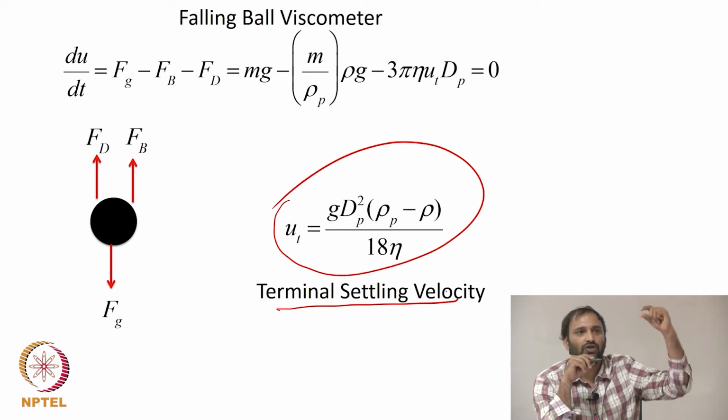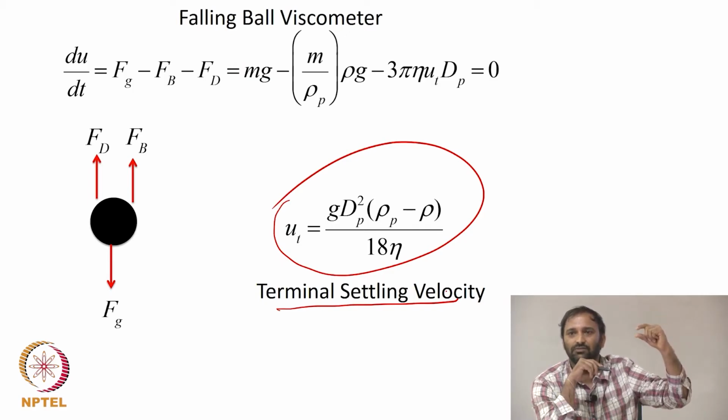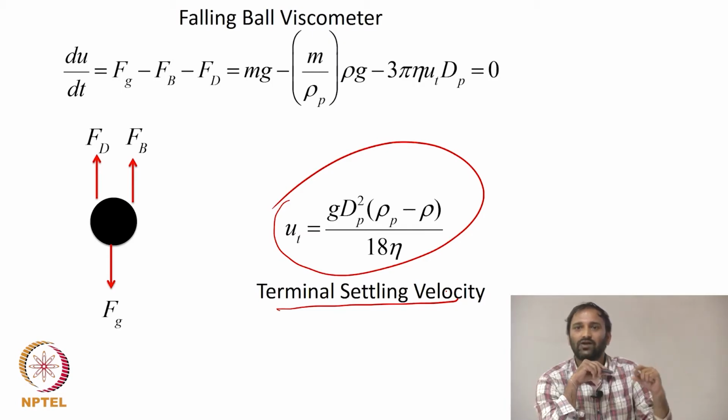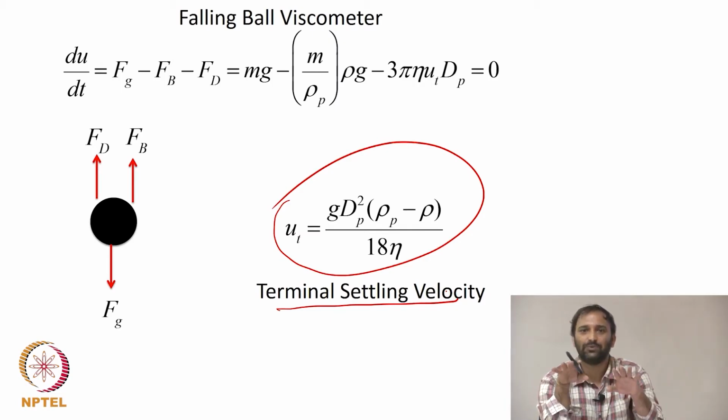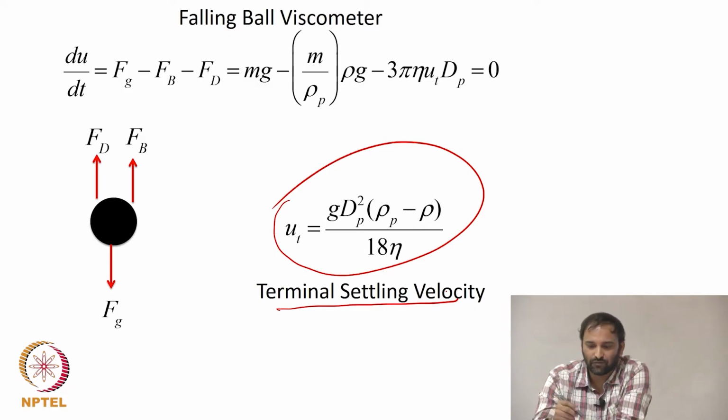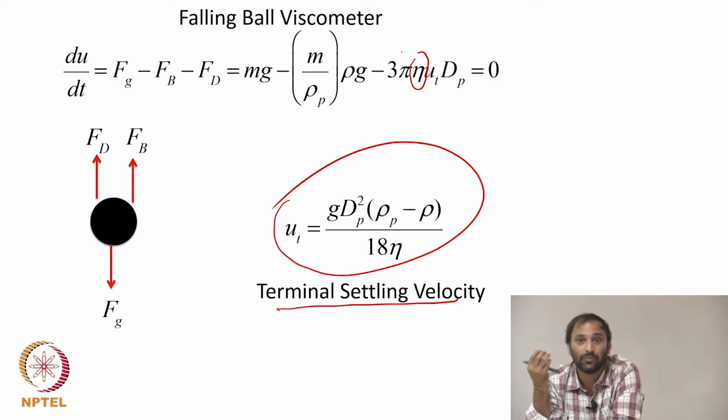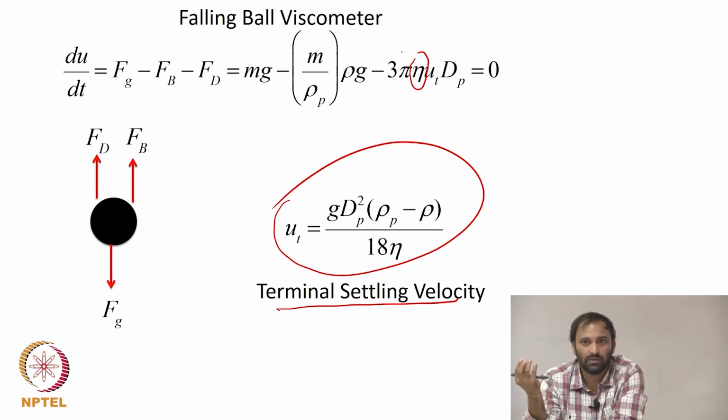The moment you drop this object in the fluid, initially there is some acceleration, and at some point the ball is going to move at a constant velocity. That constant velocity is governed by the balance between the net gravitational force and your drag force, and we know that your drag force depends on your viscosity. As it falls down, the presence of the liquid slows down the ball.